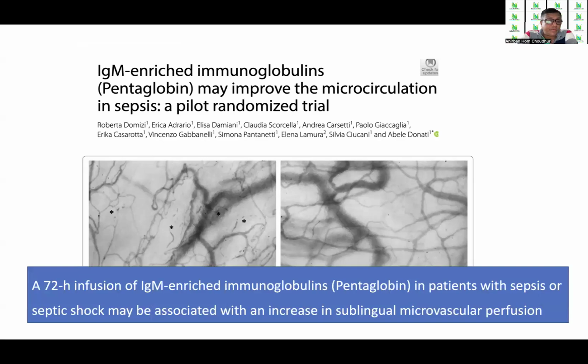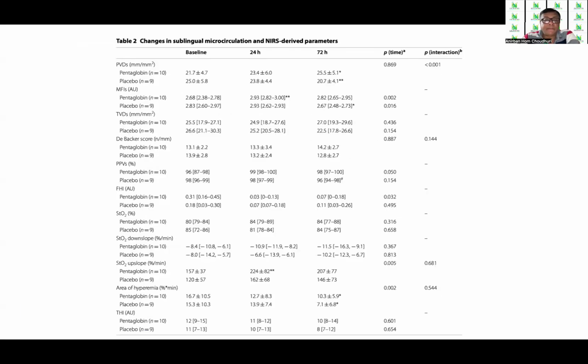A 72-hour infusion of IgM enriched immunoglobulins, that is pentaglobin, in patients with sepsis or septic shock may be associated with an increase in the sublingual microvascular perfusion, and thereby it can improve the hemodynamic status and also overcome the vasomotor paralysis.